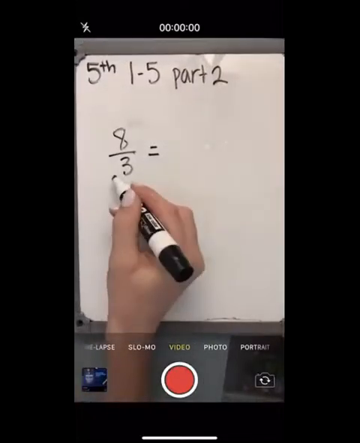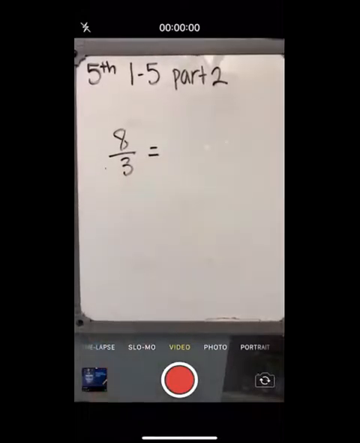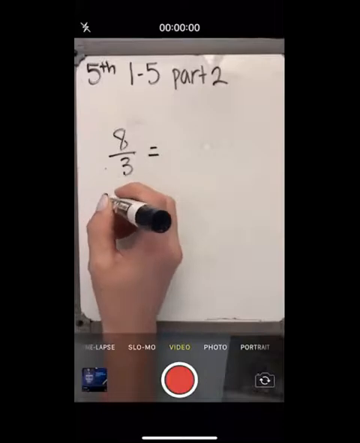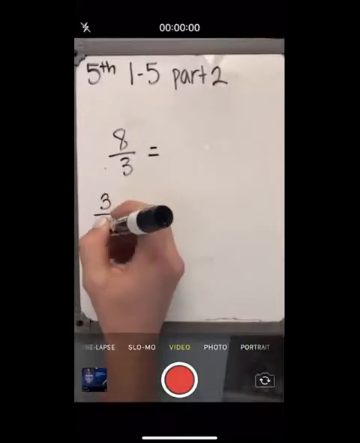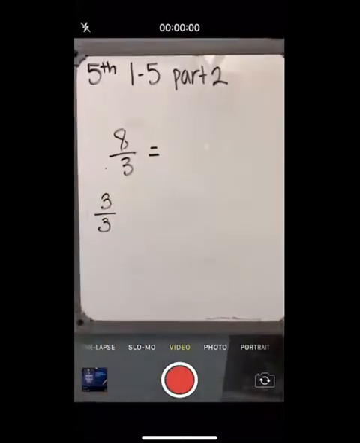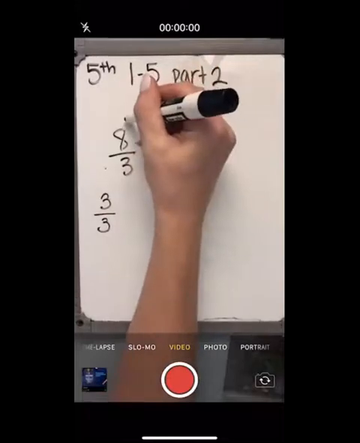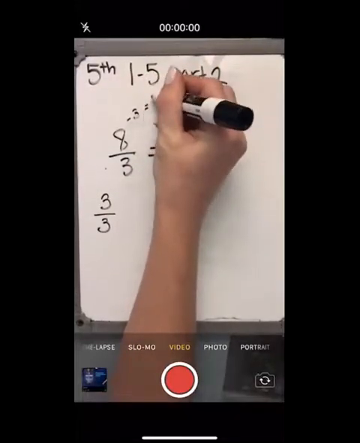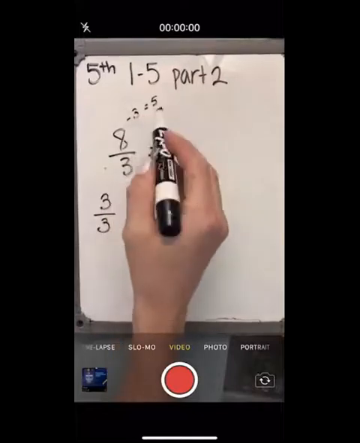In this case, we know we're working in thirds. So if you really want to visualize this for yourself, you could say, okay, I'm taking out 3/3. That's 1 whole, right? I took away 3, and I'm just going to leave little notes up here. So that leaves me with 5/3. Does 3 go into 5 again?